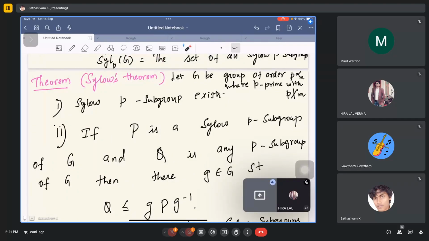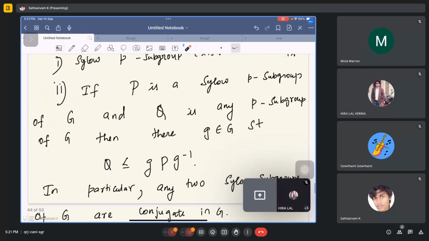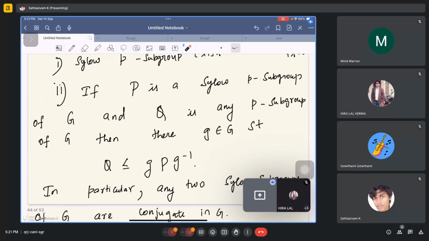The first statement says the Sylow P subgroup always exists. Whatever the group is, a Sylow subgroup always exists. The second says if you have a Sylow P subgroup and any other P group Q, this P group will be contained in some conjugate of the Sylow subgroup.